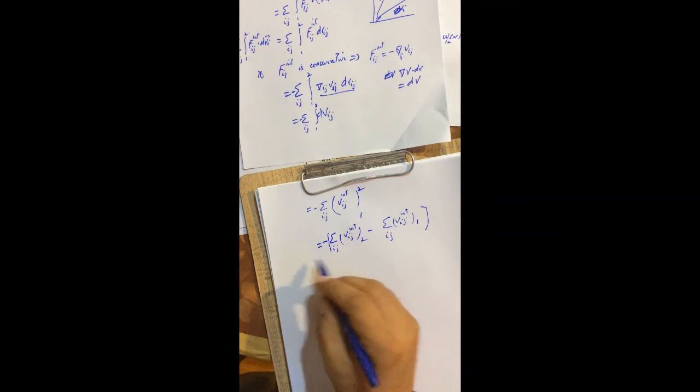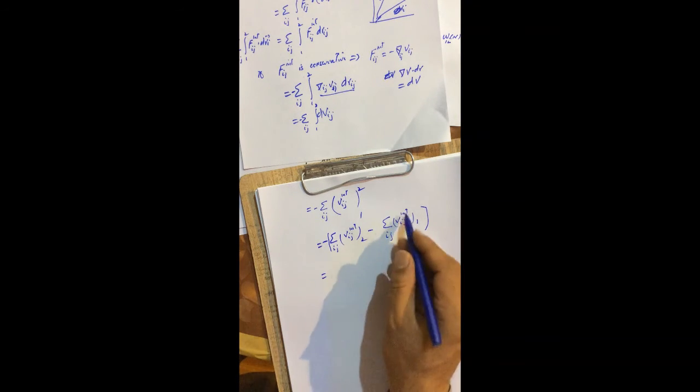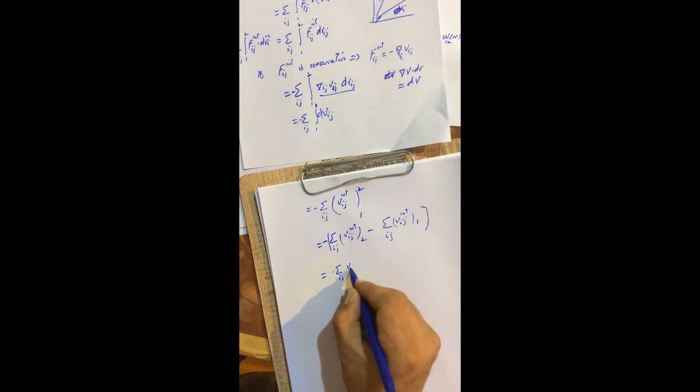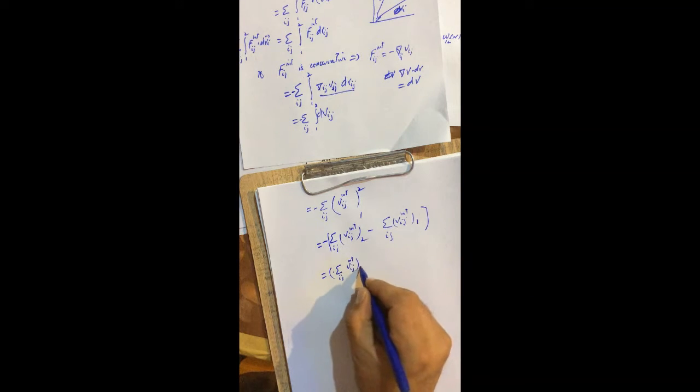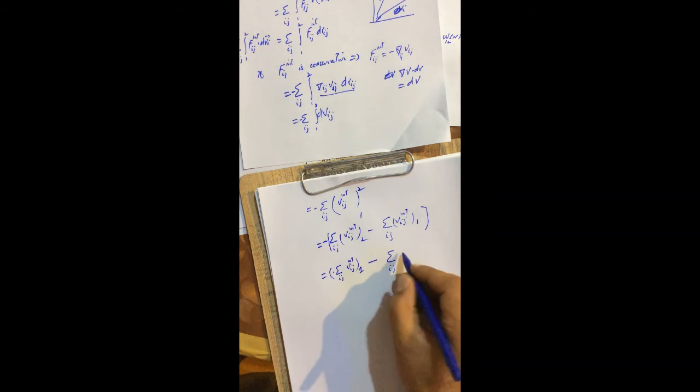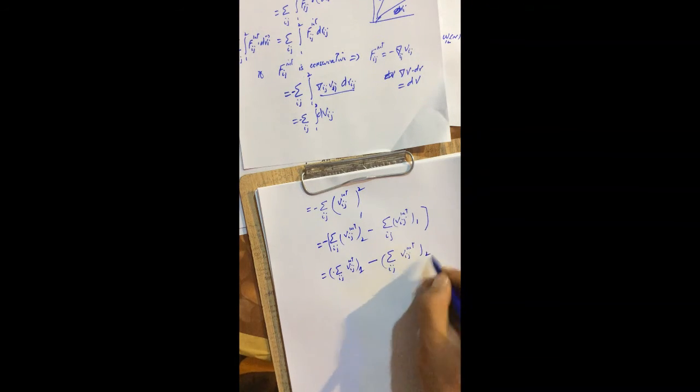Or we can write it like this: if I apply the minus sign here, then this term comes first, which is sum over ij Vij internal at configuration 1, and then minus sum over ij Vij internal at configuration 2.